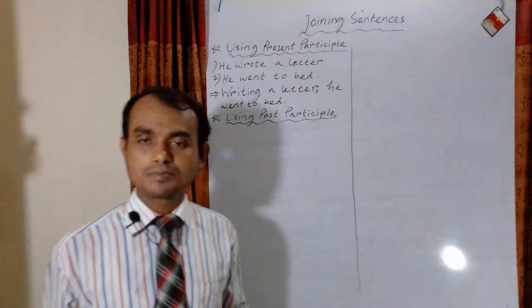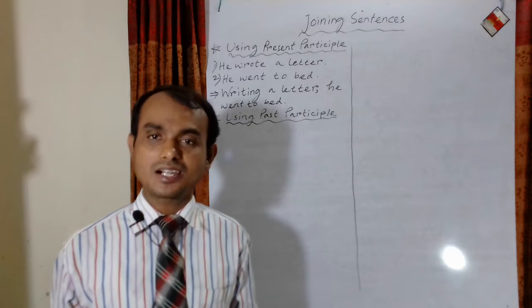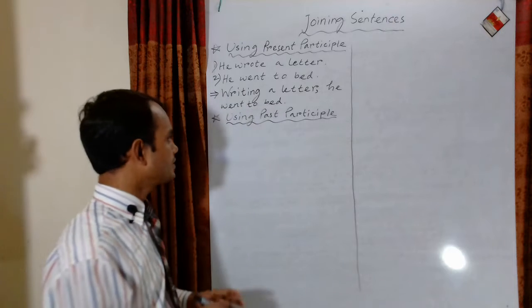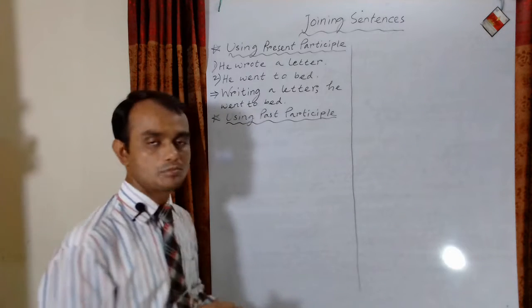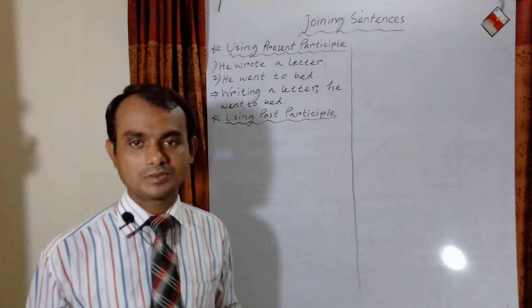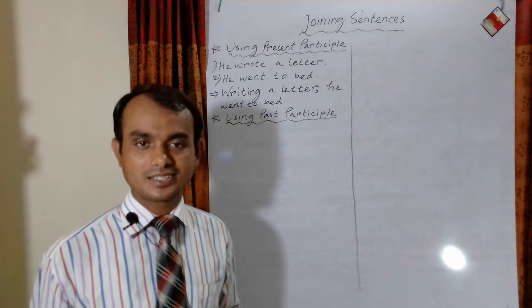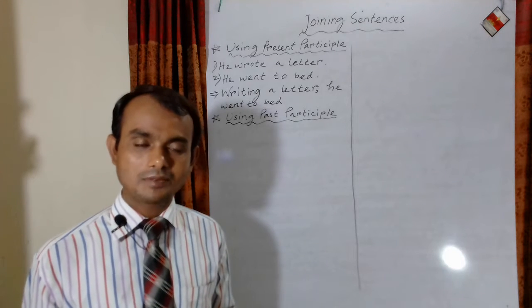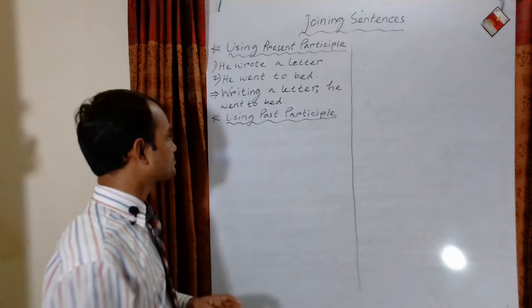What is past participle? Past participle is the third form of the verb. For example, do, did, done. Done is past participle. Eat, ate, eaten. Eaten is the third form of the verb and it is past participle.